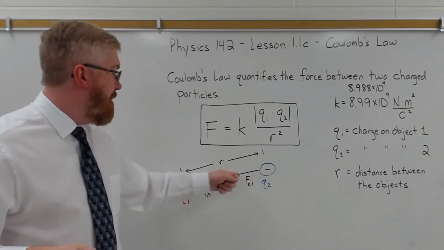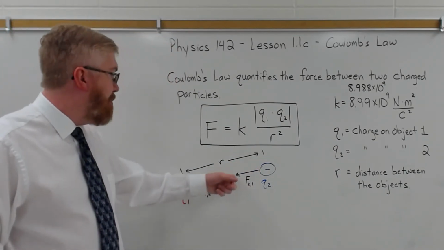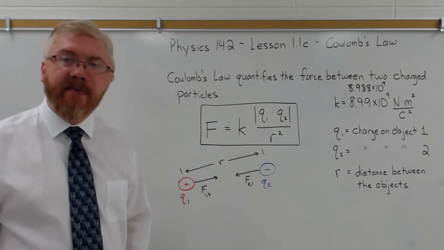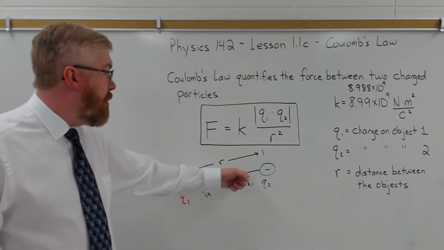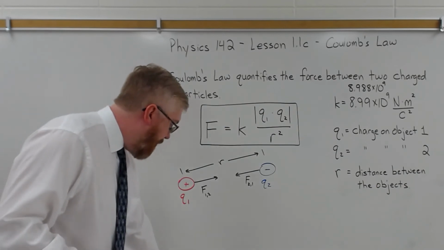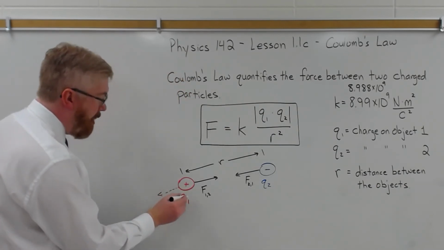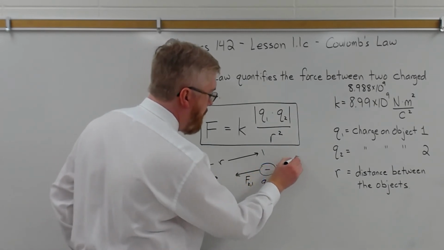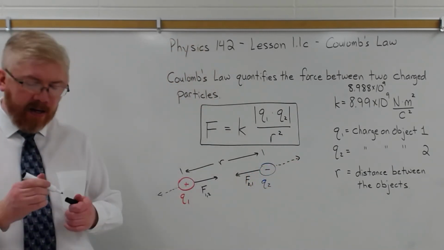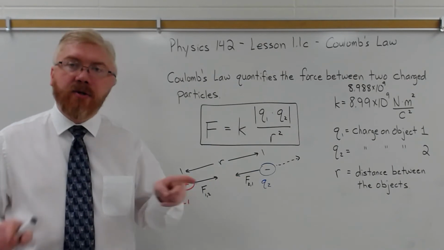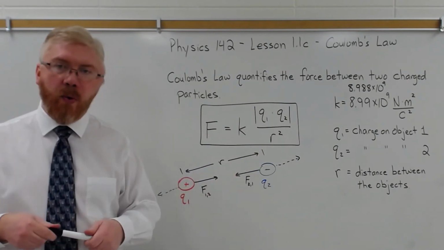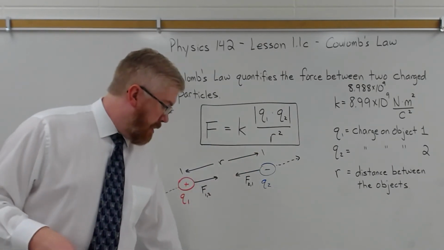Now, if these are like charges, if they are both positively charged or both negatively charged, then they would repel one another, and the forces would be, in that case, away from one another. Still on a line connecting the two, but now moving away rather than towards.